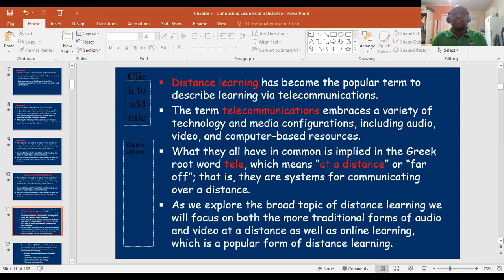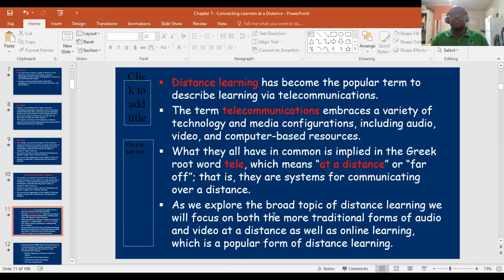What they all have in common is implied in the Greek root word tele, which means at a distance, or far off, that is, they are systems for communicating over a distance.